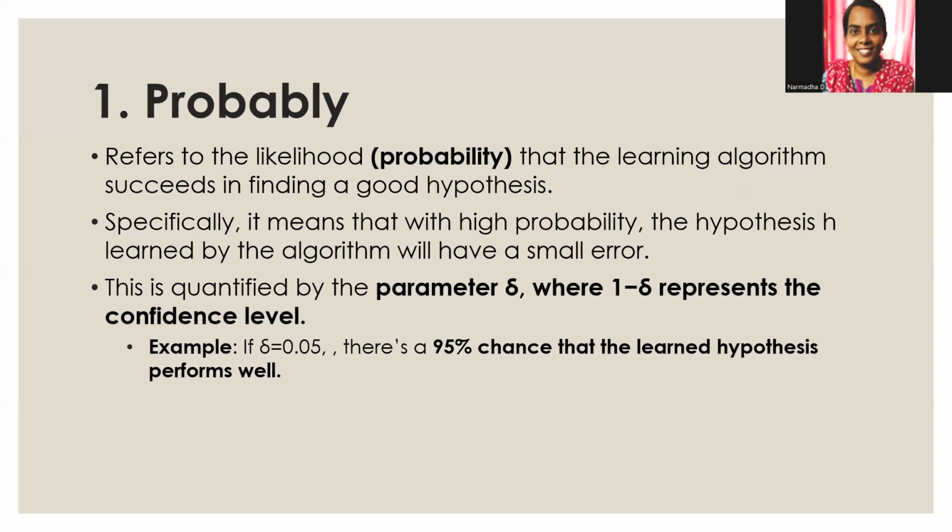So what is the meaning of probability? Probability refers to the likelihood that the learning algorithm will succeed in finding a good hypothesis. The hypothesis belongs to the hypothesis class.